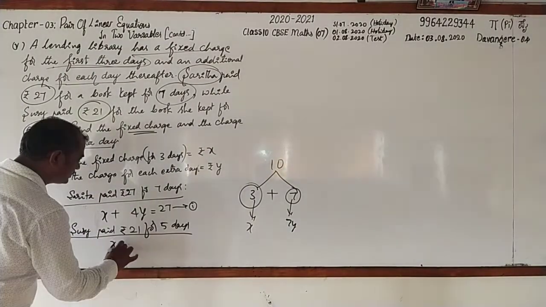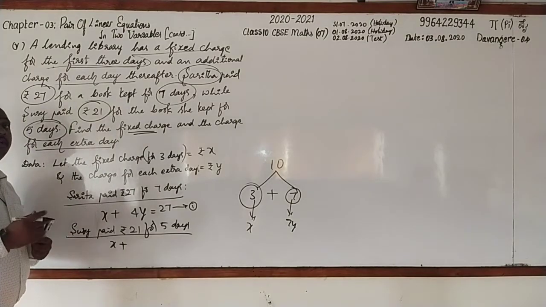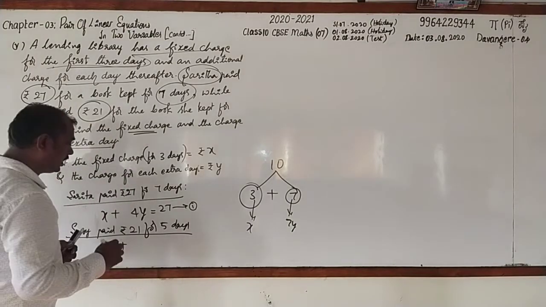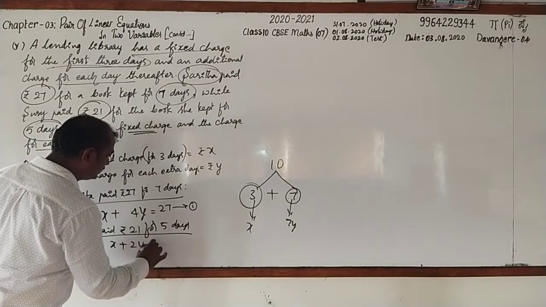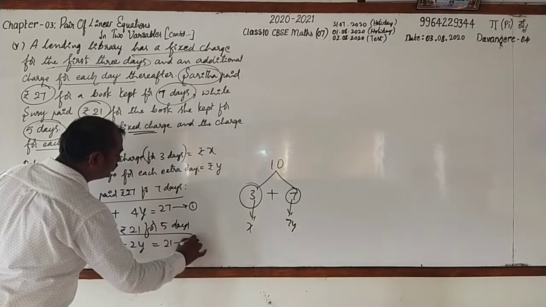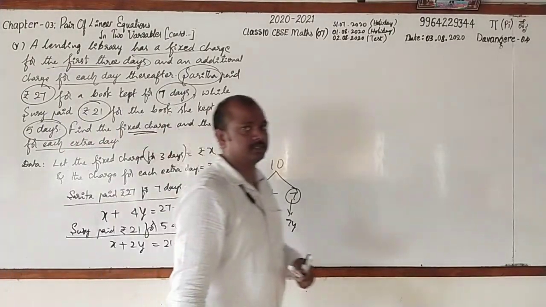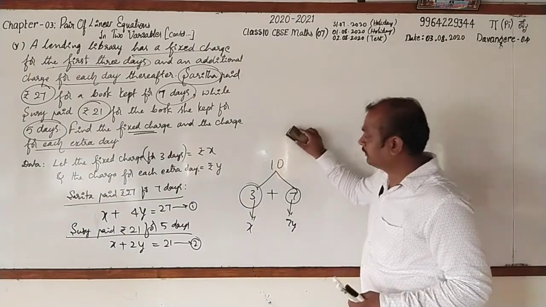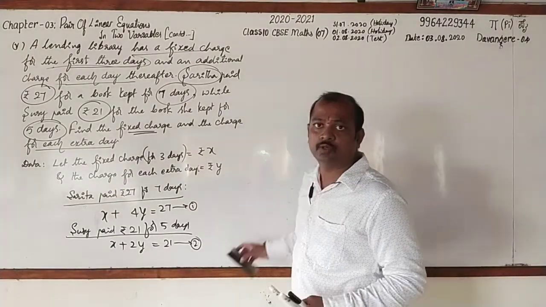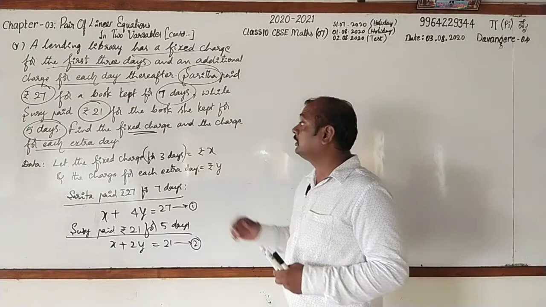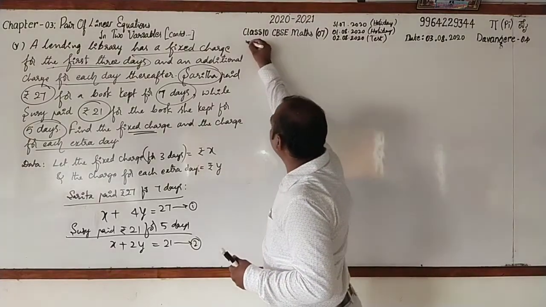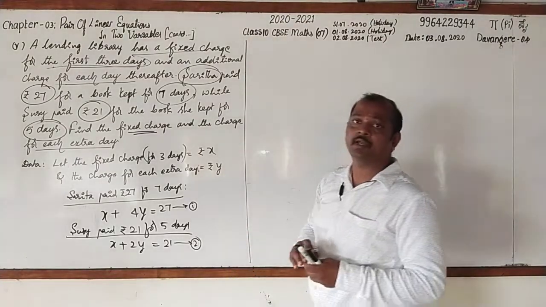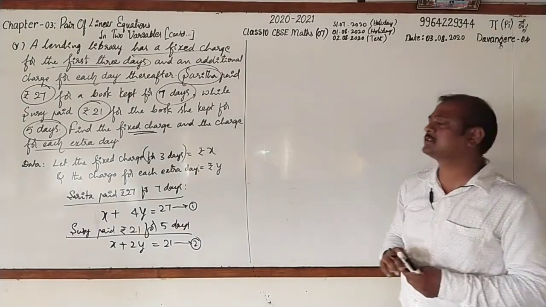For 3 days, x rupees. For 2 extra days, each extra day y rupees, and for 2 days it is 2y. This is equal to 21. You may call it the second equation. The given situation has been converted into equations. Next, we have to verify whether the solution exists.